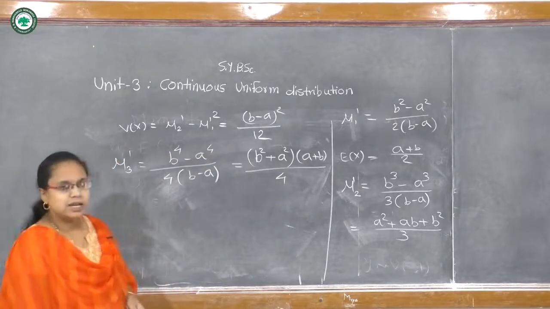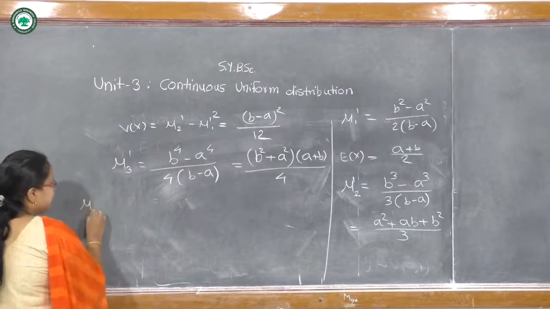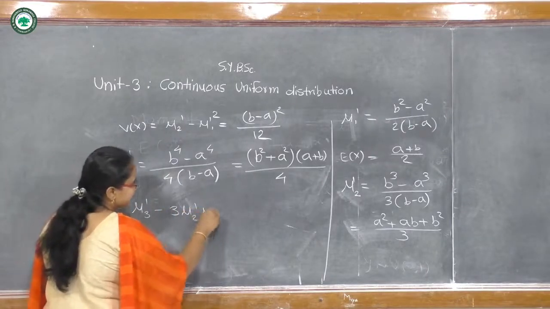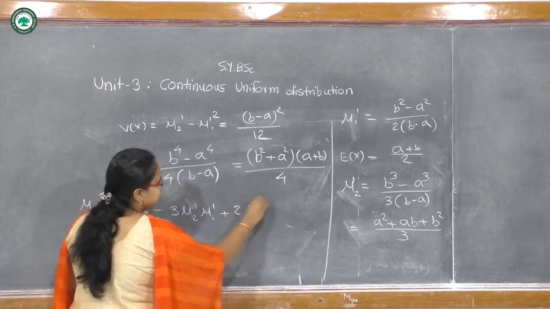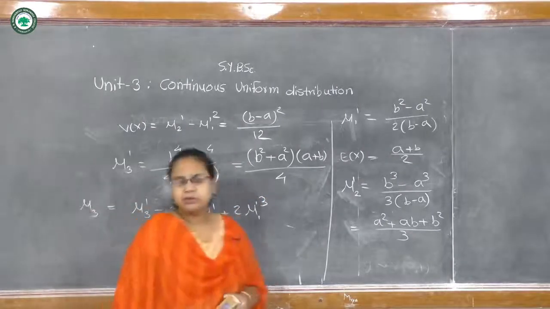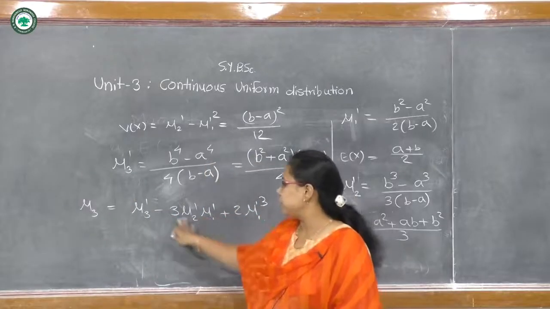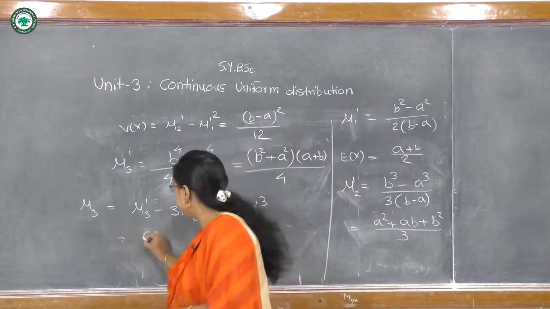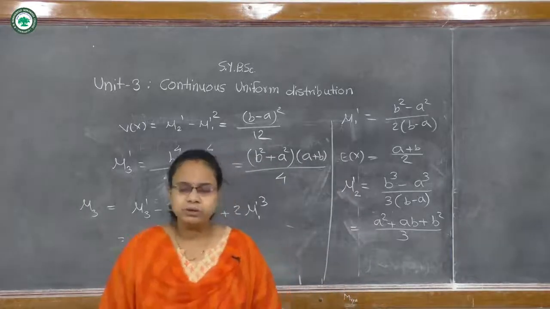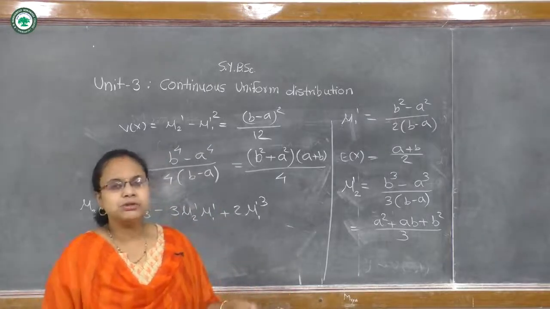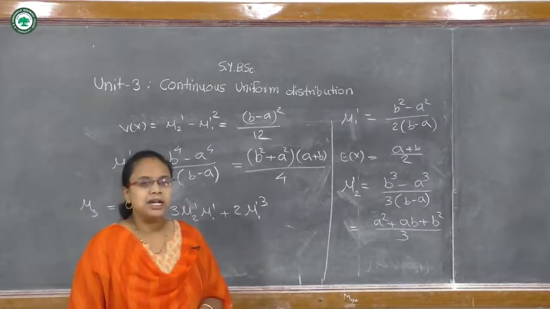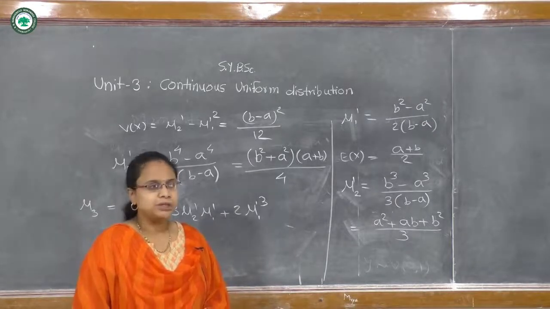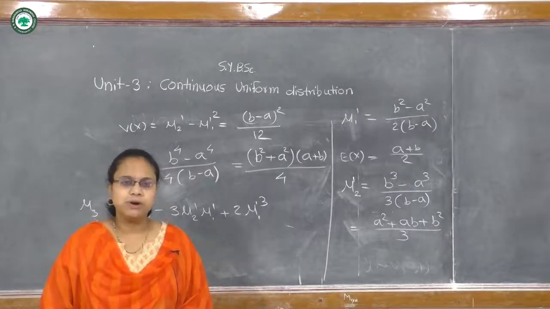This is mu3 dash, and mu3 can be calculated using mu3 dash minus 3 mu2 dash mu1 dash plus 2 mu1 dash cube. After substituting mu3 dash, mu2 dash and mu1 dash and solving, we see that mu3 is equal to 0. So mu3 equal to 0 means the uniform distribution is symmetric. So this is all about the continuous uniform distribution.